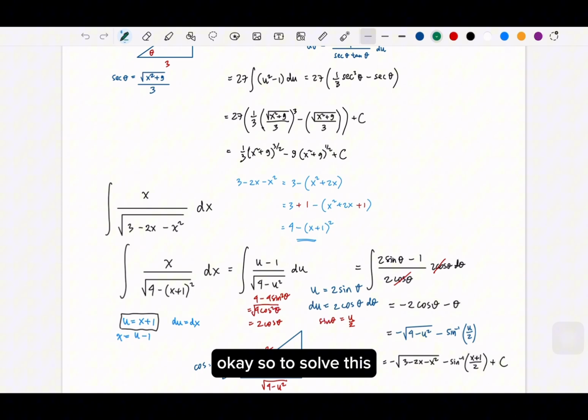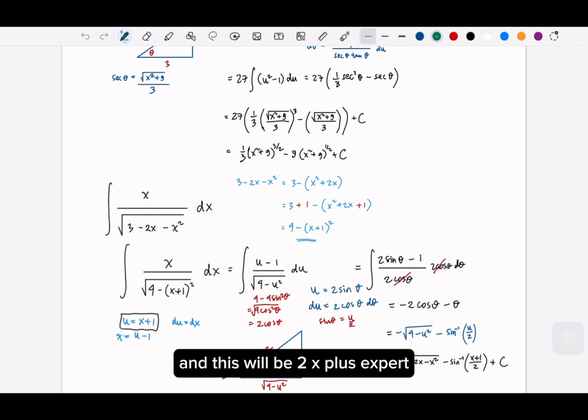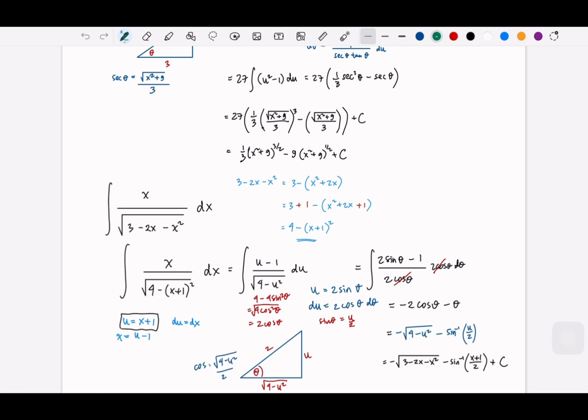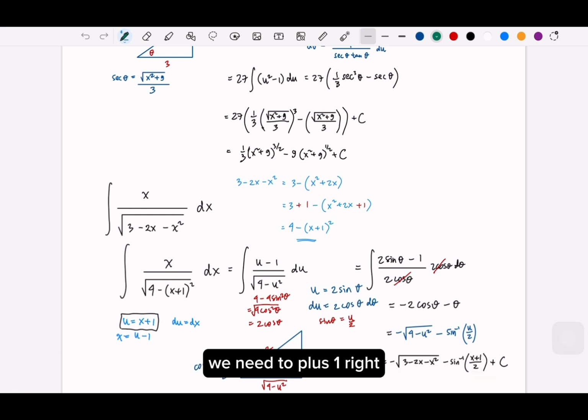Okay, so to solve this, let me just focus on the quadratic part here. Let me write over here. So I will write 3 minus, and I will make a bracket, and this will be 2x plus x squared, or let me write x squared first to make it easier to see. So x squared plus 2x. To complete the square for x squared and 2x, we need to add 1, right?